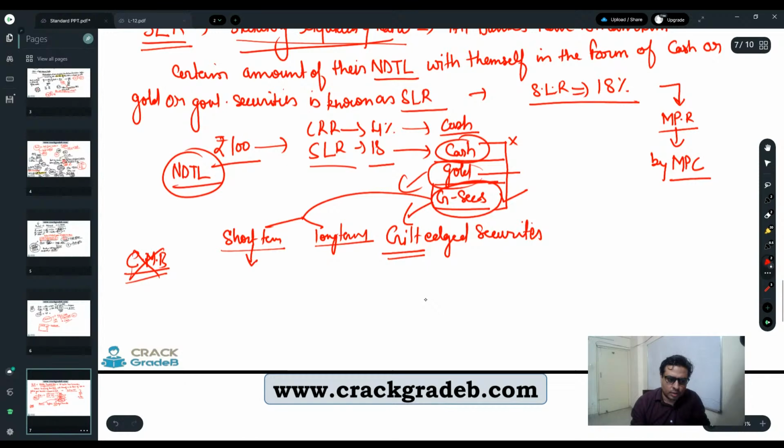Just short term securities up to 1 year, which can start from 91 days, 182 days, and 364 days, are known as treasury bills.